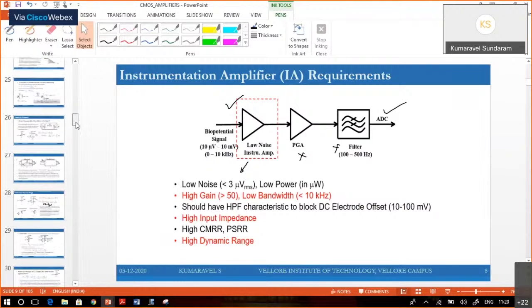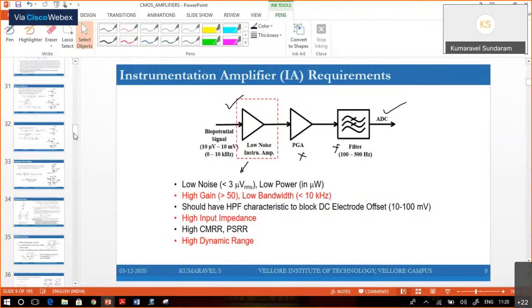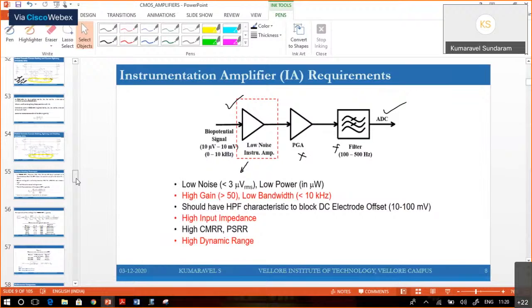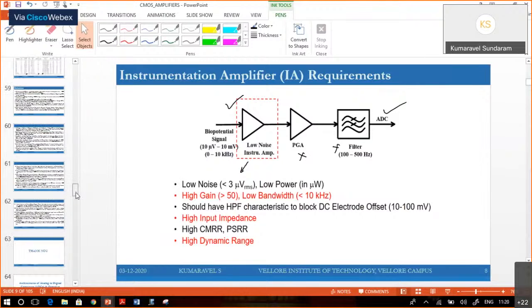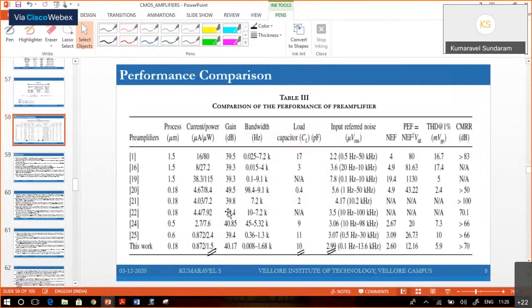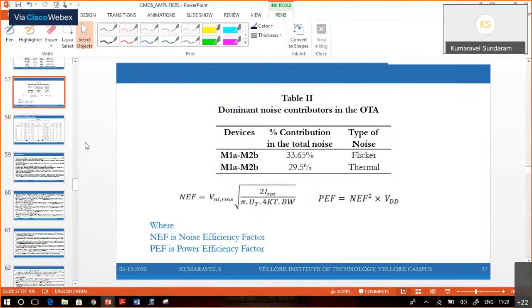So with this, I will stop today's first session, right? With the performance metrics also, NEF, all those things we have to see. Maybe for some 5 minutes we will have queries if you are having any doubt. It is 11:20 now. Maybe we'll end the session in another 5 minutes. I have just gone through the concepts of how you can design a low noise amplifier.